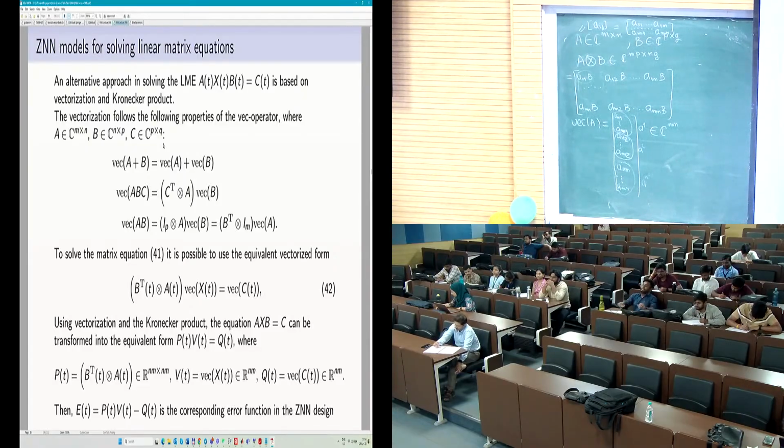Vectorization of A plus B is equal to vectorization of A plus vectorization of B. Vectorization of ABC is equal to C transpose Kronecker product of A times vectorization of B. And according to this property, here is a method how to compute vectorization of AB.